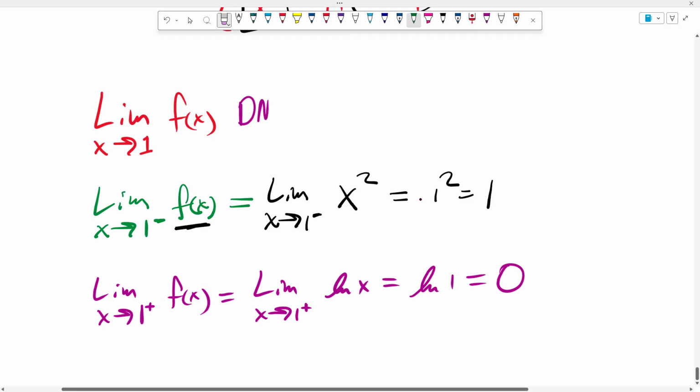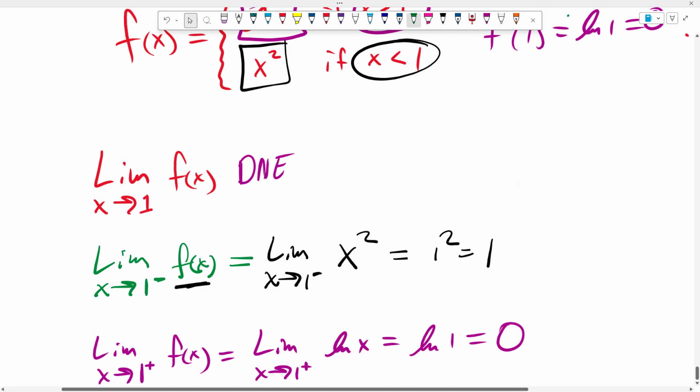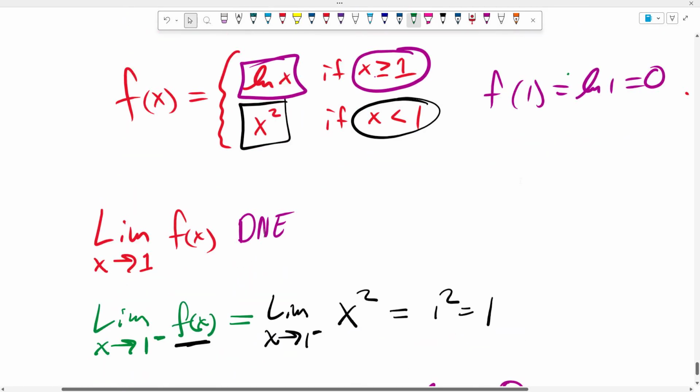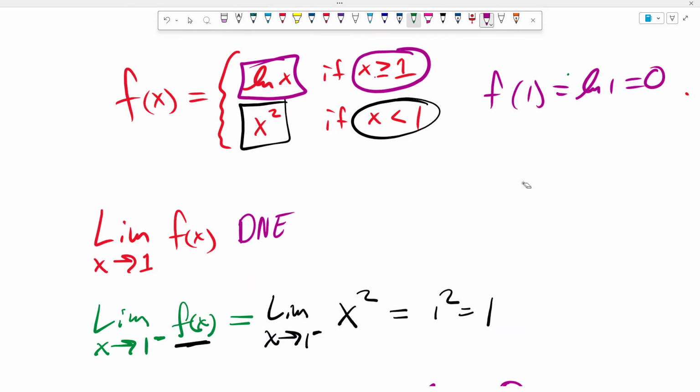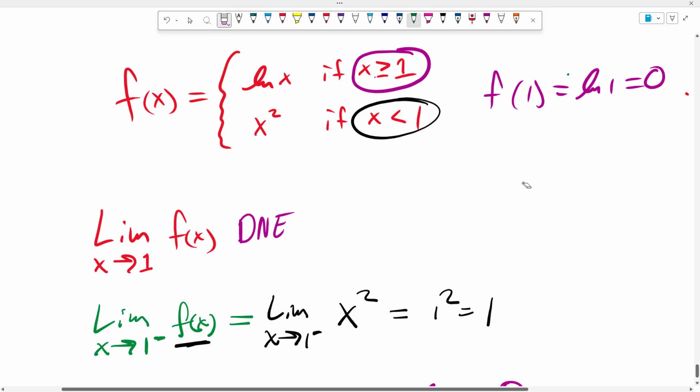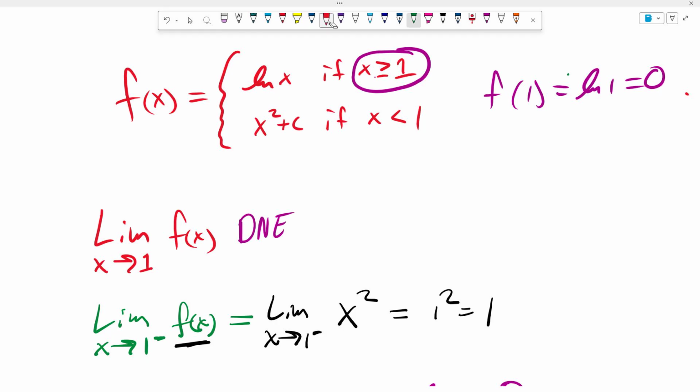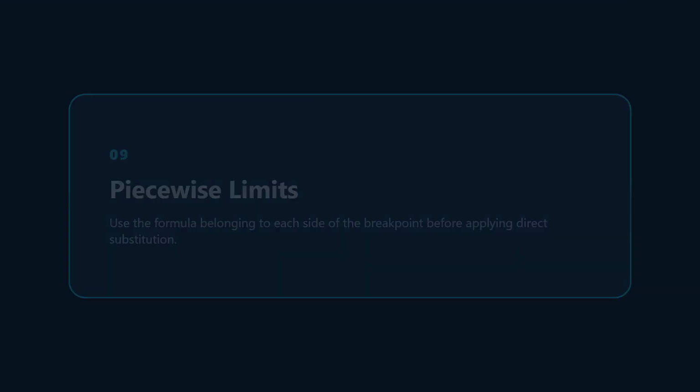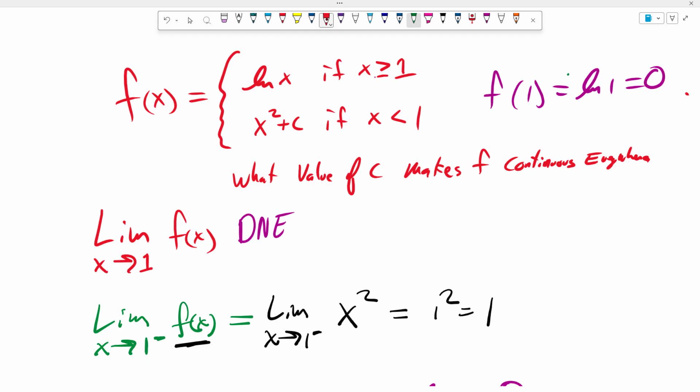More interesting question is, what if my function here was x plus c? And the question is, what value of c makes this continuous everywhere? So you look at each piece.